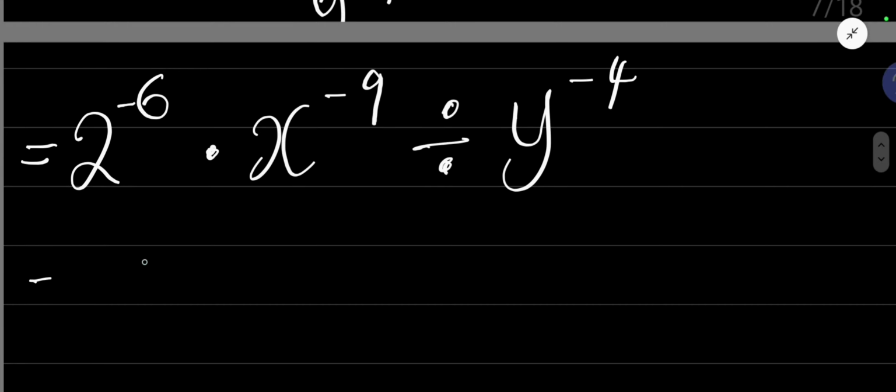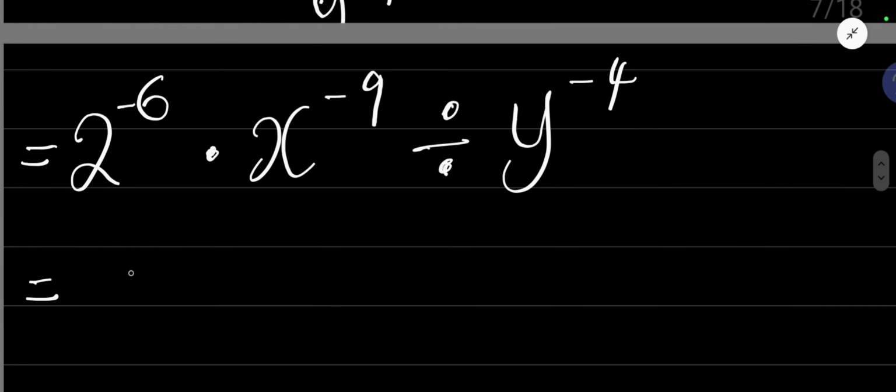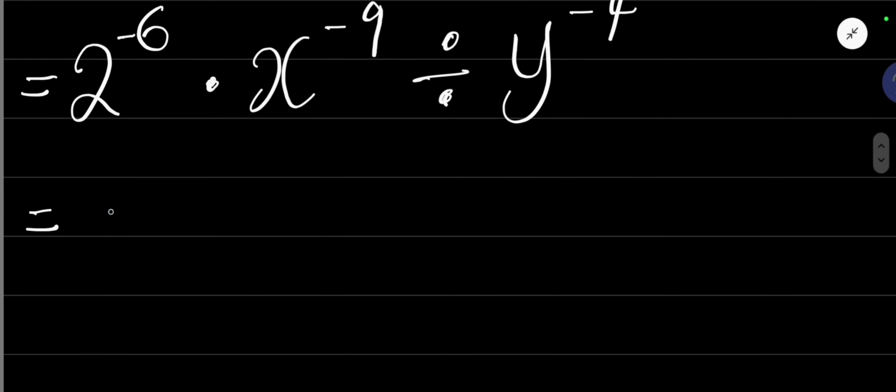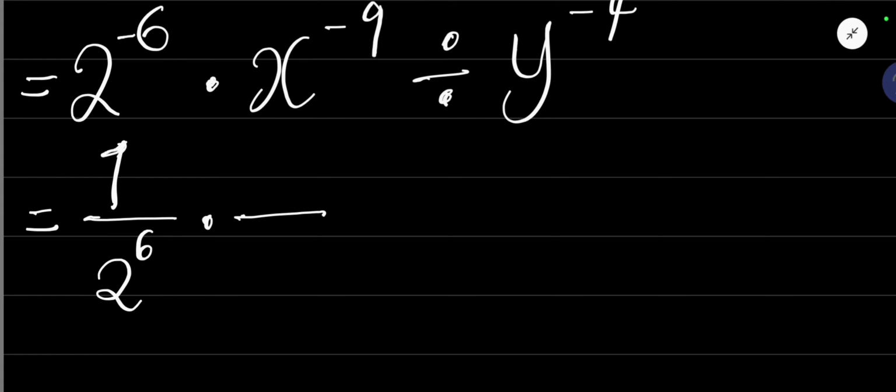Then we are going to say that 2 exponent minus 6, guys, is the same as, this minus becomes a fraction. Are we together? Yes. And then this 2 becomes your base, and this 6 will be your exponent, and then you just put 1 to make it a fraction. This minus will become a fraction line, and this x will become your denominator. That 9 will be attached directly to x, and then you just put 1 to make it a fraction.